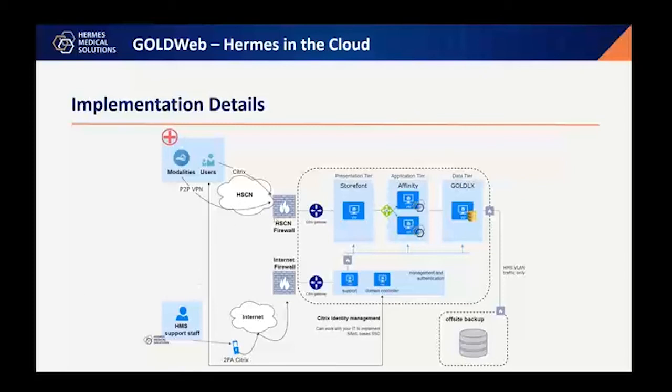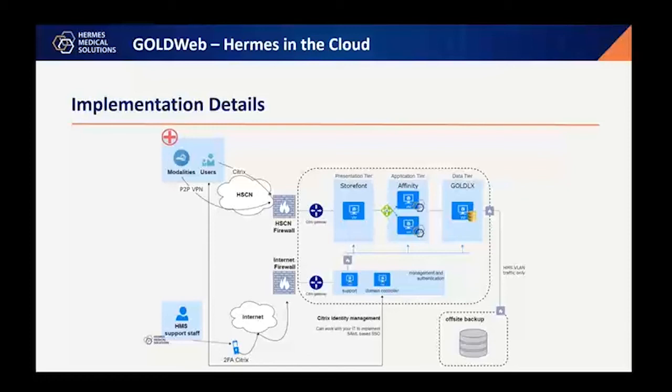So the presentation tier, you hit your Citrix storefront. Then we have an application layer which would represent your application servers in the application server solutions that Steve was talking about. And then we have our GOLDWeb data tier. And as well as having what we would put in an on-premises installation, we also have the management and authentication servers in the environment as well.